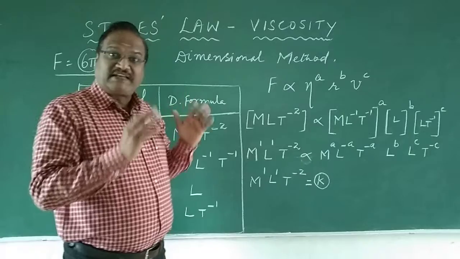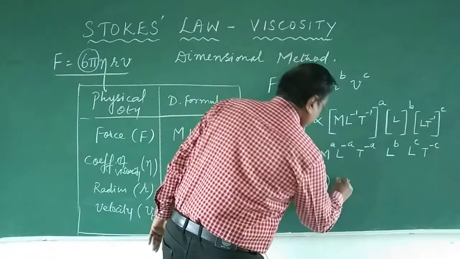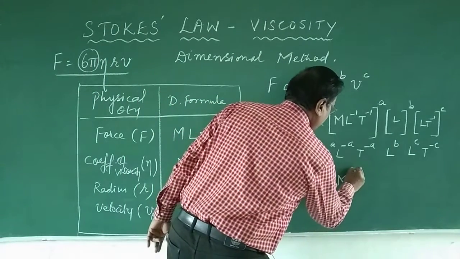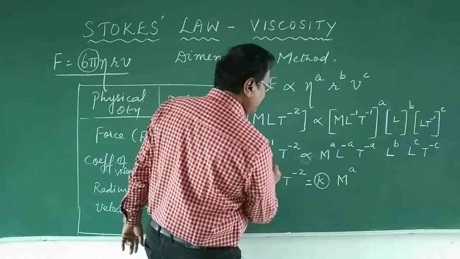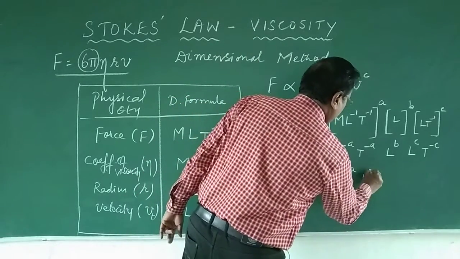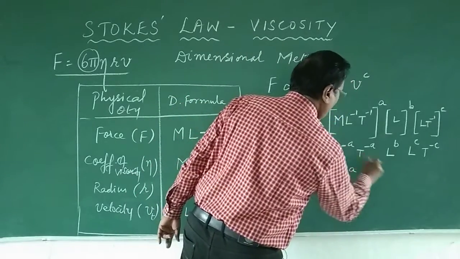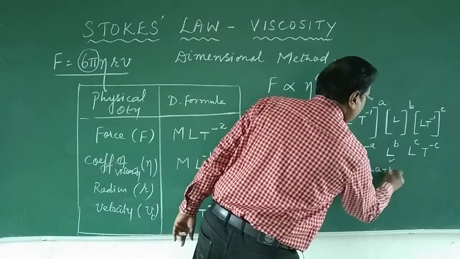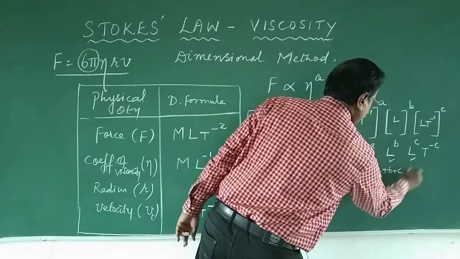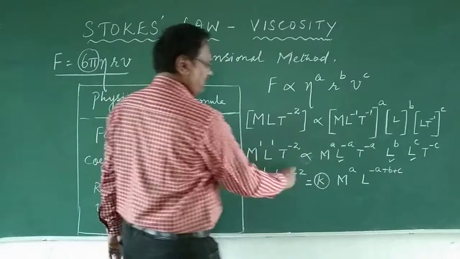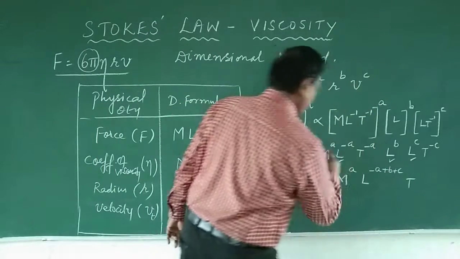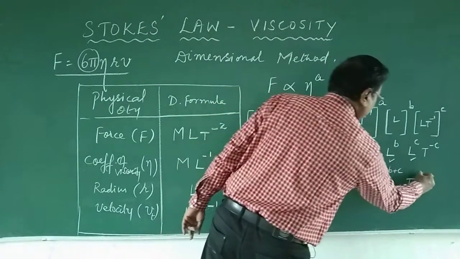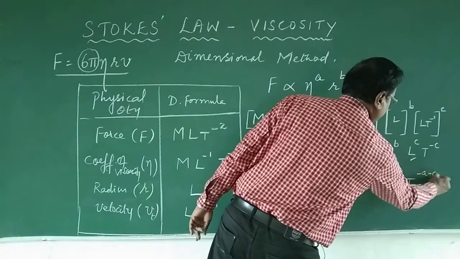Now bring the similar terms together. M power a. Next, L power minus a plus b plus c. Next, T power: 1 is there, minus a and minus c.